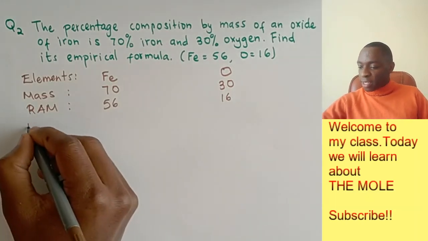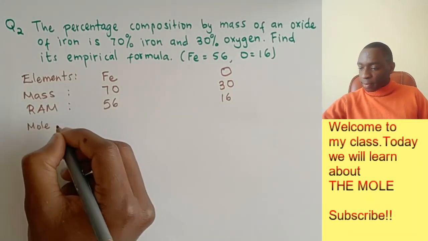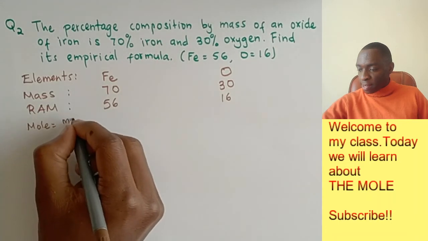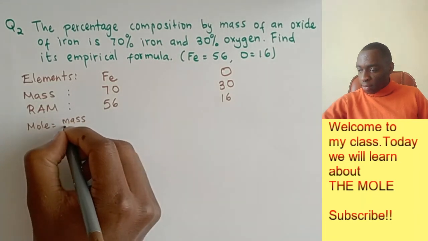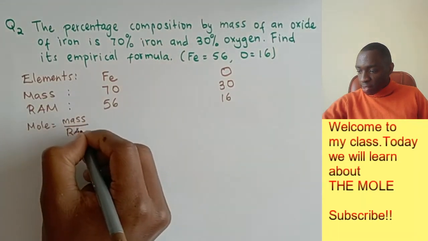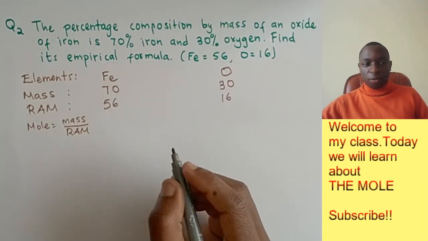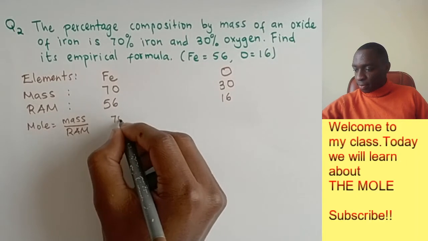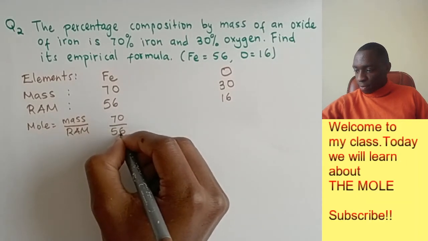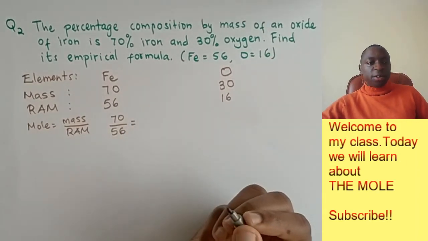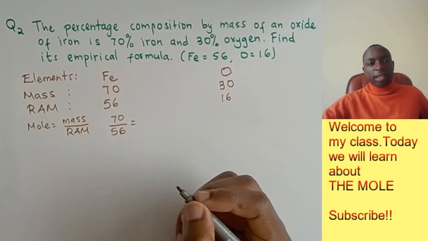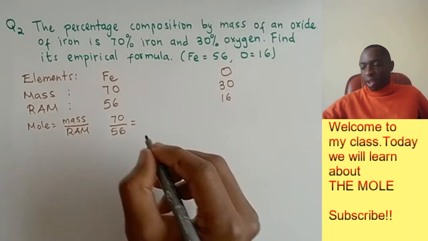So the next part is to calculate the mole. And the mole is given by mass divided by relative atomic mass. So the mass that we have here is 70 over 56. Once you calculate that, you end up with 1.25.